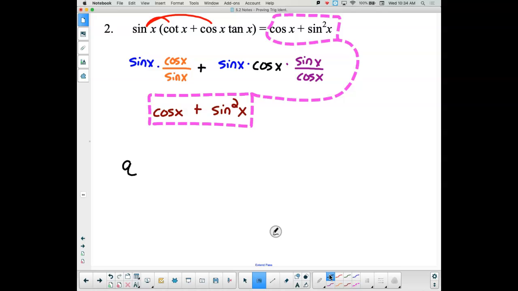So I was thinking of q times m plus np, because they're all different. If I distribute q in there, I get qm plus qnp. I don't get qm times qn qp, because that's one term. Terms, remember, are separated by addition and subtraction signs.